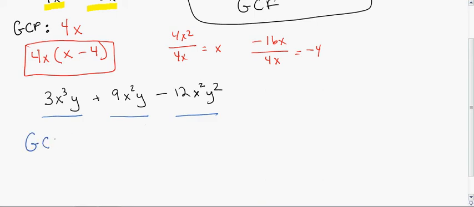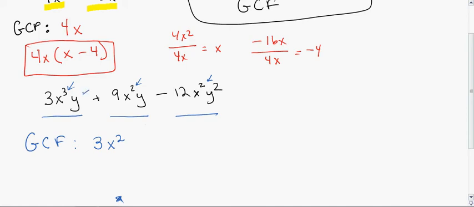Now I need to look at my x terms. Do they all have x's? Let's see. Yep, they all have x's, so my greatest common factor has an x. I choose the exponent by choosing the lowest power of x, so that would be a squared. So it becomes 3x squared.